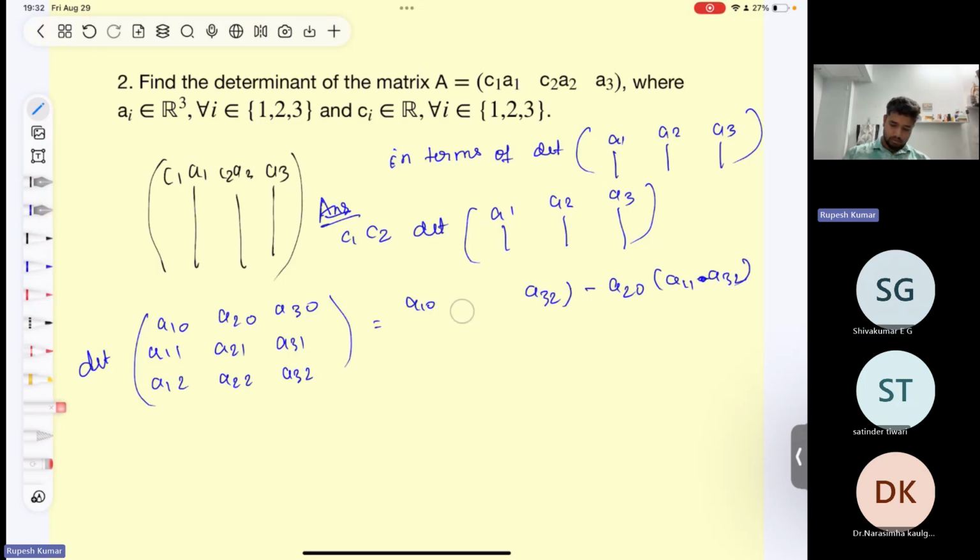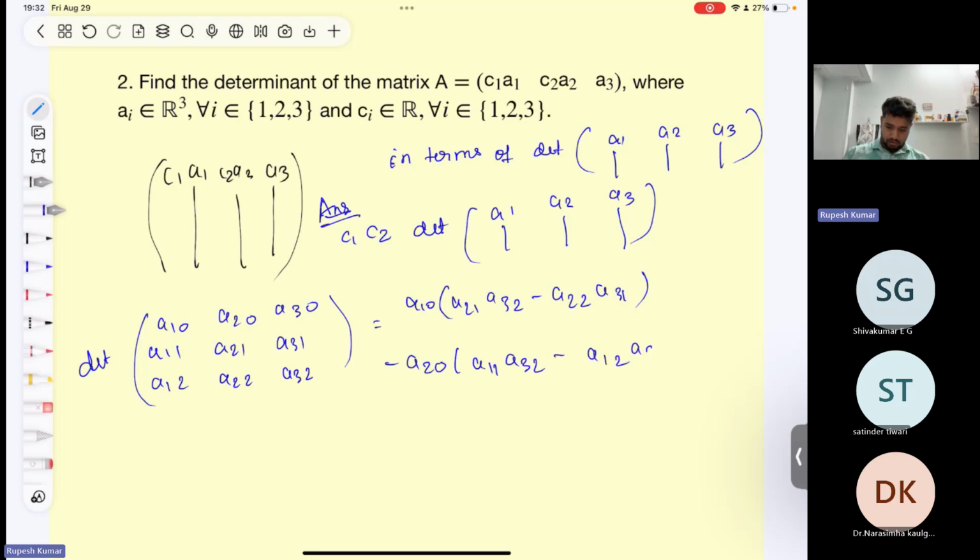Okay, the formula is wrong. A10 into A21 into A32 minus A22 into A31, minus A20 into A11 into A32 minus A12 into A31, plus A30 into A11 into A22 minus A12 into A21, right? This is the determinant of this matrix.